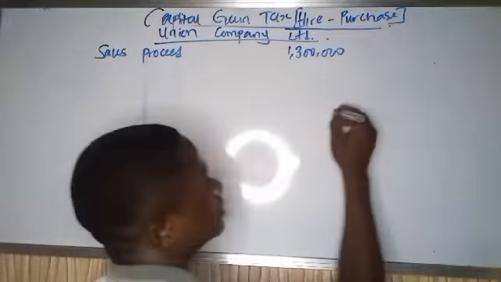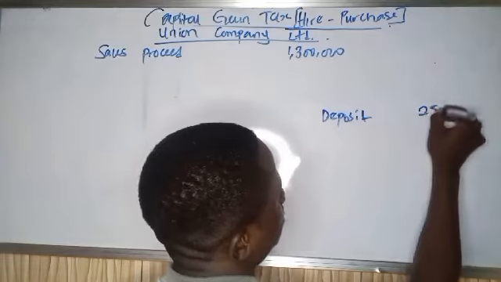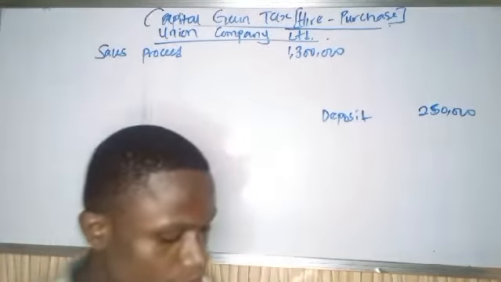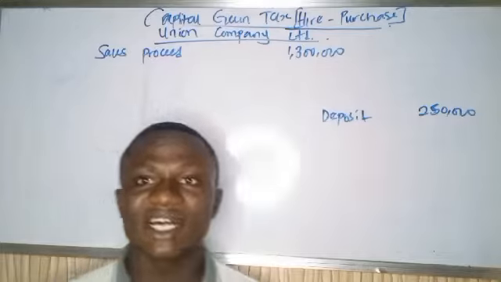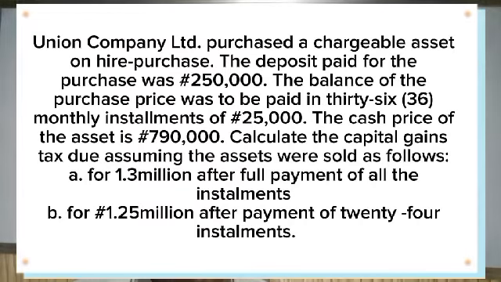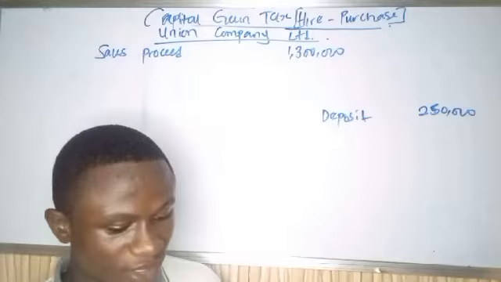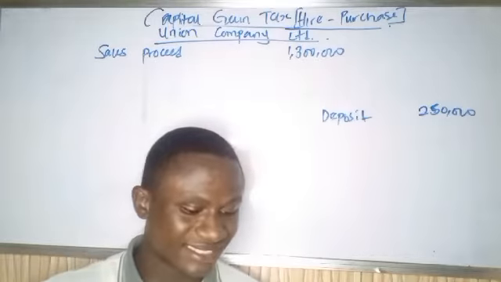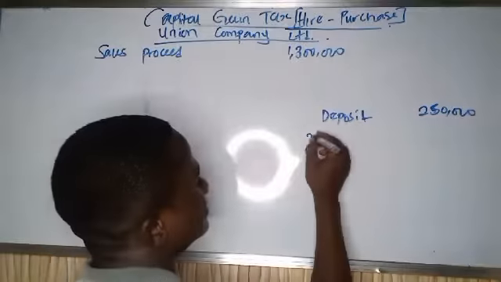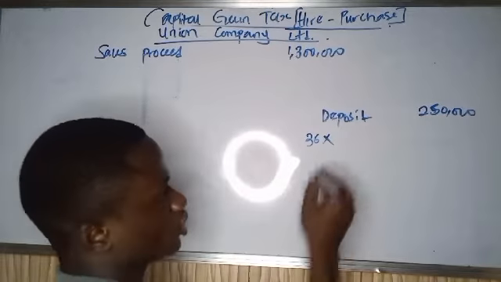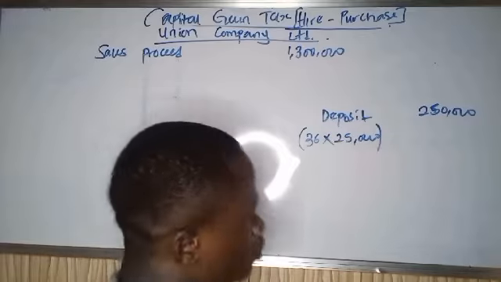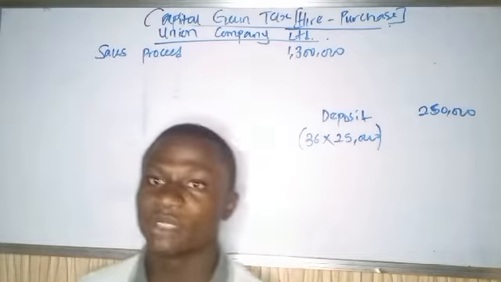A deposit of 250,000, and he's going to pay 25,000 naira monthly for 36 months. So 36 months times 25,000 naira will give us the total amount of money he paid instalmentally.